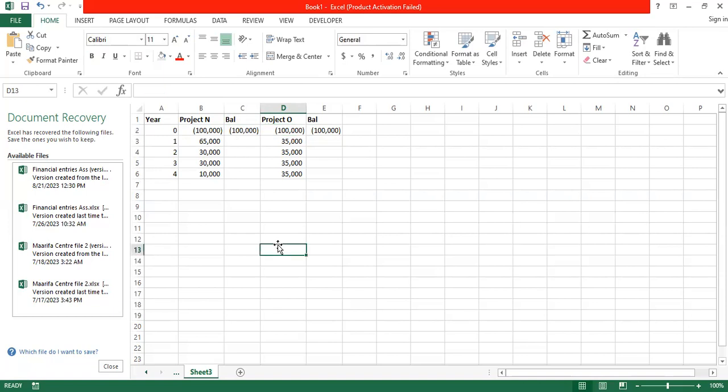So on the first year, we are going to make 65,000. We take that amount and then we add our 65,000 there. So we remain with 35,000 outstanding. And then next up, we've got 35,000, and then we add 30,000 more of that amount. What do we get?